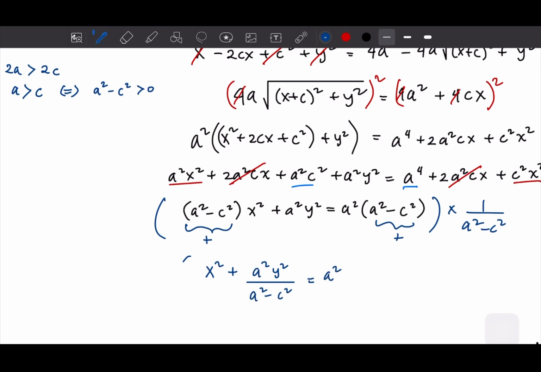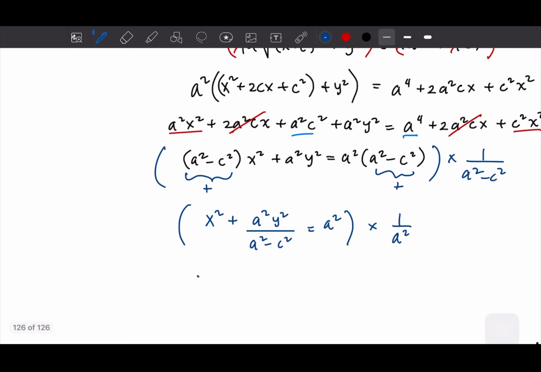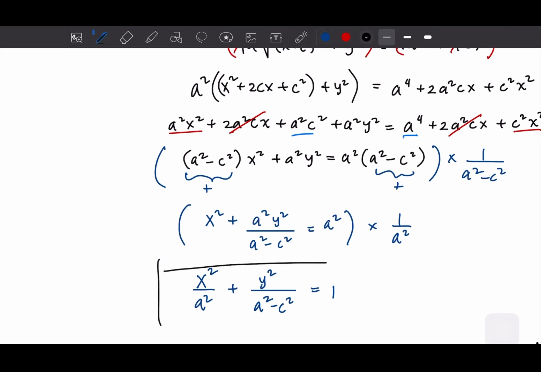And then multiply again by 1 over a squared. So we have x squared over a squared plus y squared over a squared minus c squared equals 1. And this is getting closer to what we are familiar with.